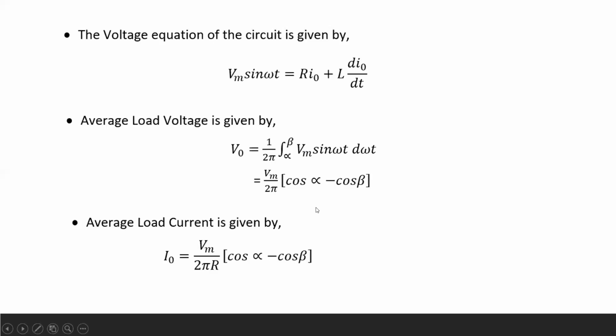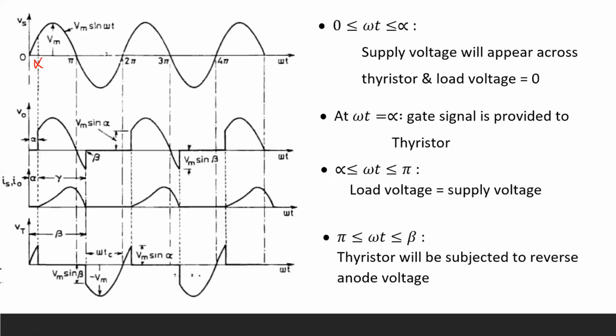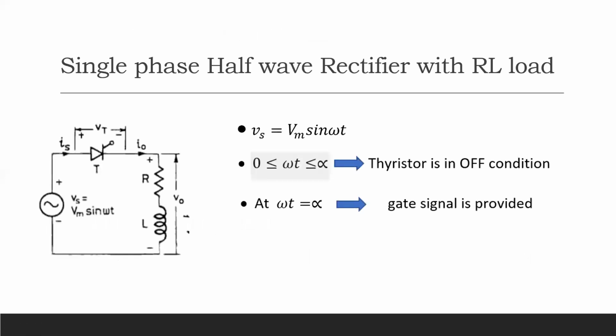And for calculating the average load current, we just need to divide it by the resistance. Okay, this is all about the operation and discussion about the waveforms of the single phase half wave rectifier. Okay, thank you.